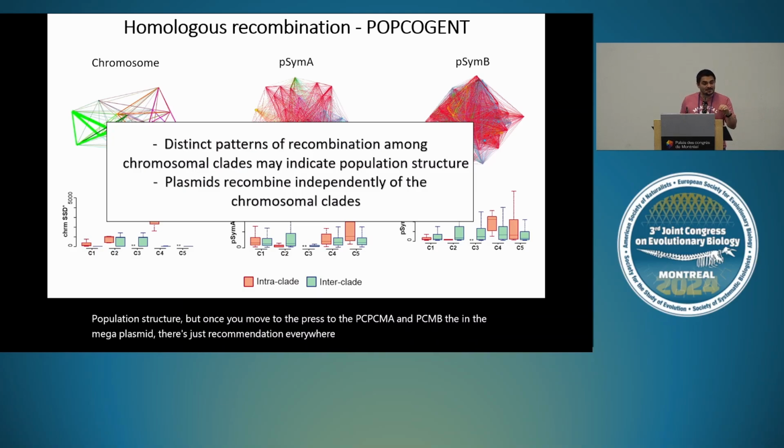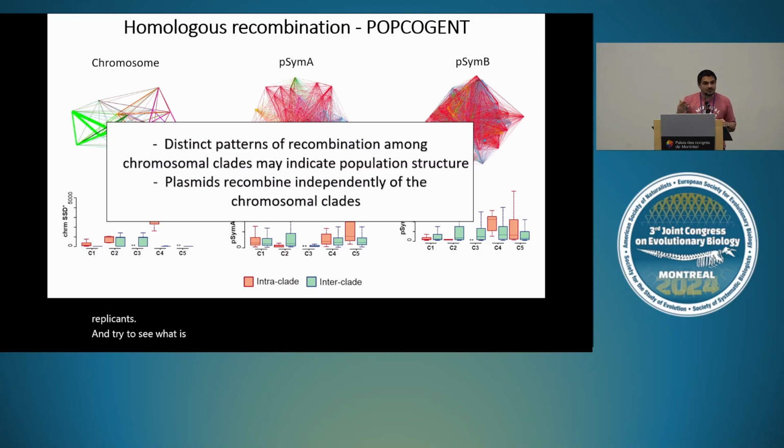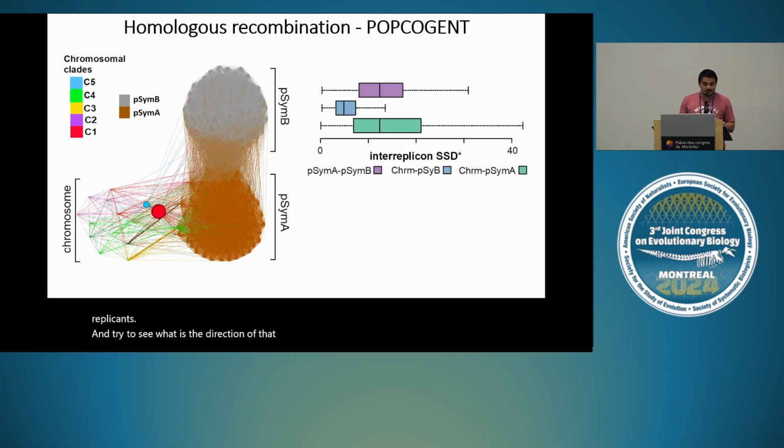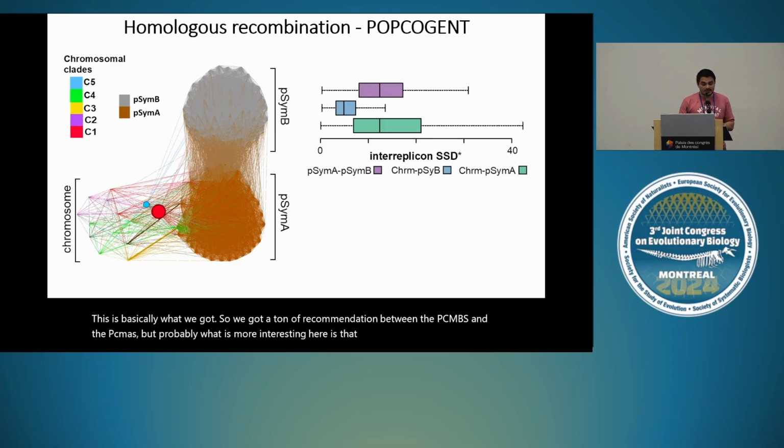Now, what we decided to do next was take all the different replicons, PCMAs, PCMBs, and chromosomes, put them all together, calculate how much recombination we have among all those replicons, and see the direction of that recombination. This is what we got. We got a ton of recombination between the PCMBs and the PCMAs, but what is probably more interesting is that there's a ton of recombination between the chromosome and the PCMAs, but not much between the chromosome and the PCMBs.